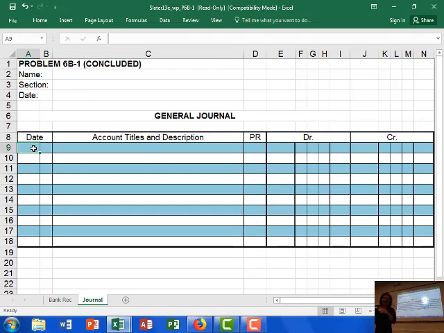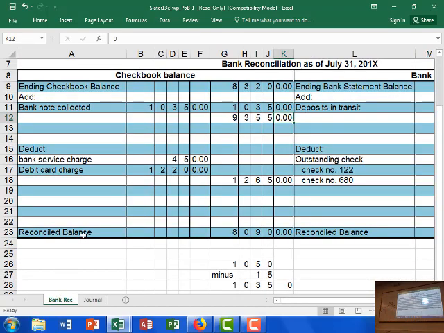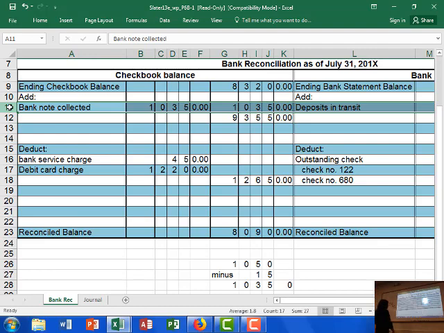So our first one would actually just have to be the collection of our bank note. If we come back over here, we have to notice that this bank note was collected by the bank, meaning that we got money, the bank collected it for us from a customer of ours that owed us money.